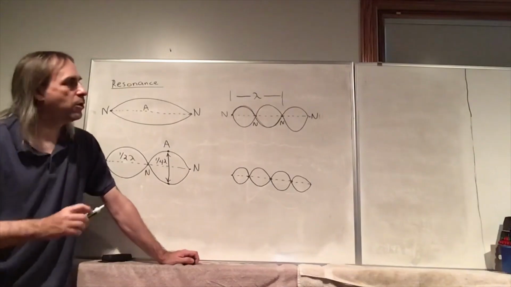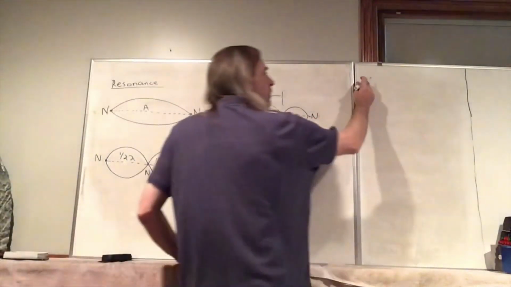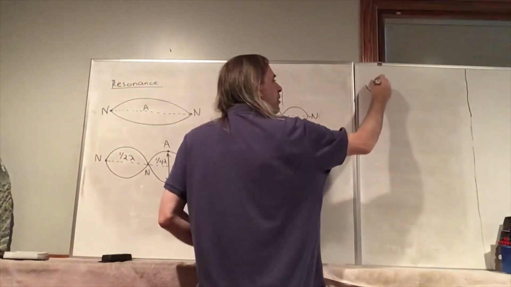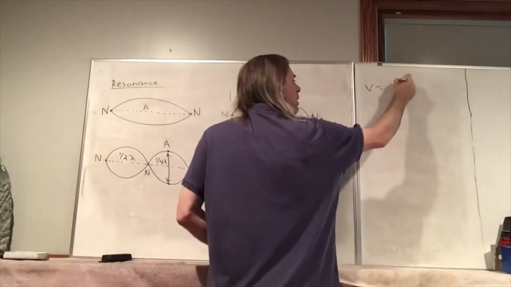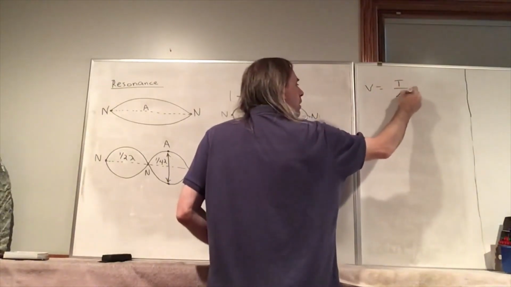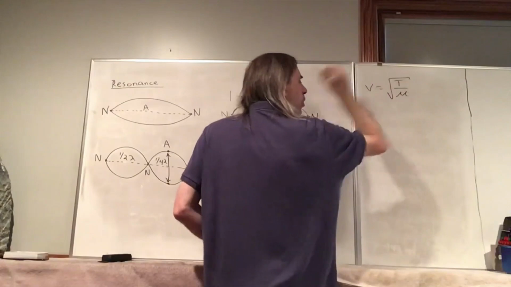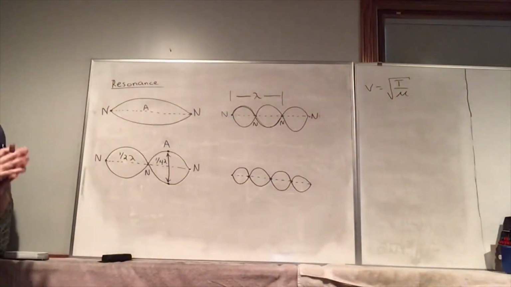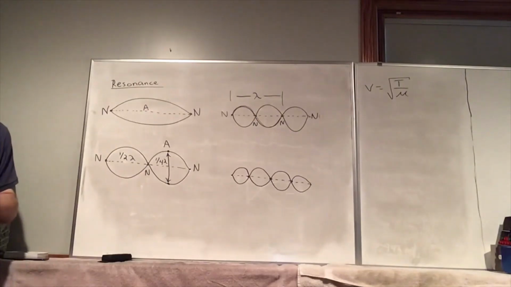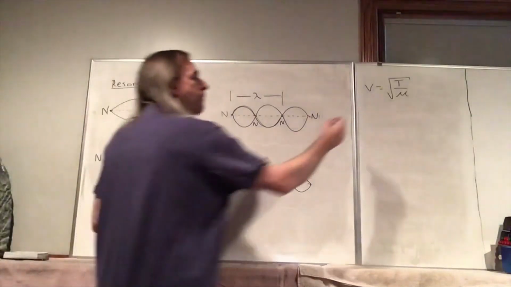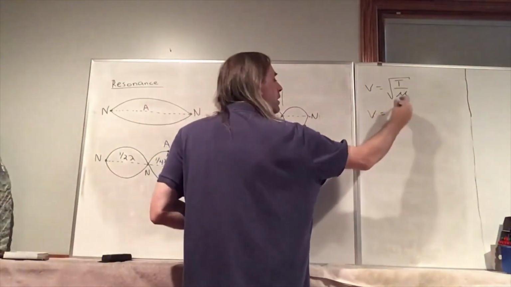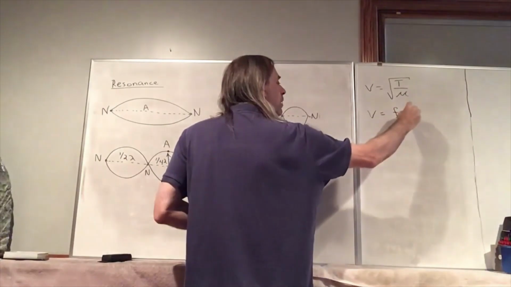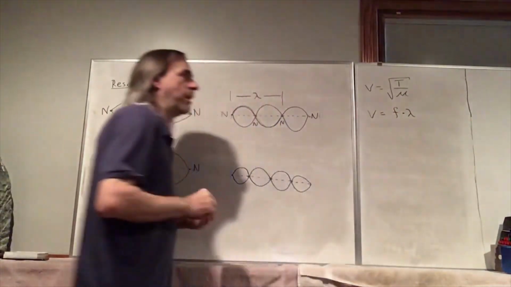So let me write down a few equations. We won't need it for this discussion right now, but for a wave on a string, we can find its speed if we know the tension in the string and the linear mass density, mu. And also the speed of a wave is equal to its frequency times its wavelength.